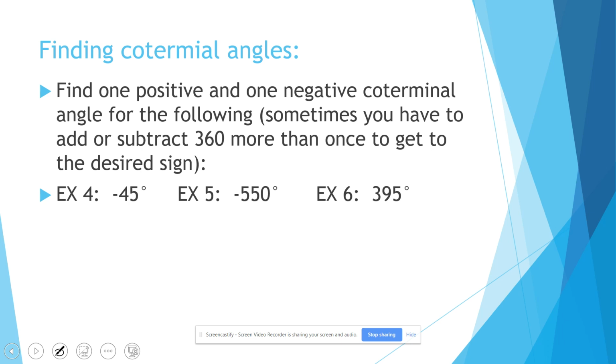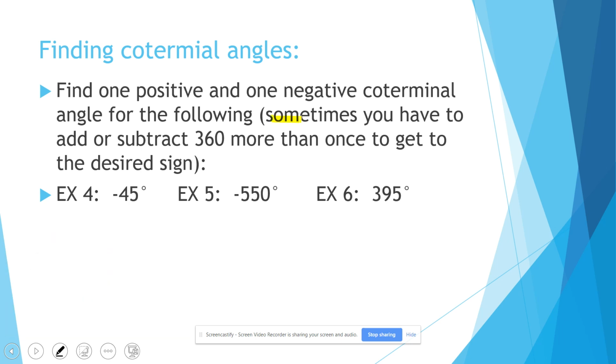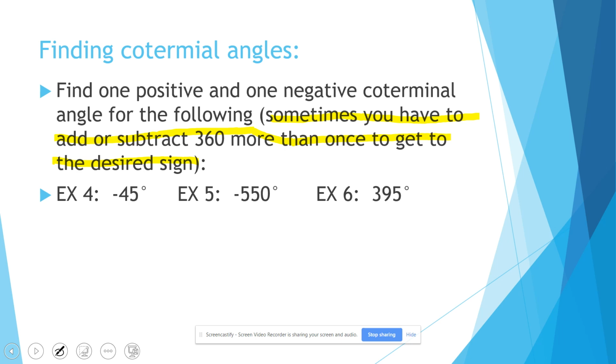We're going to go ahead and practice, and just keep in mind that sometimes you have to add or subtract 360 more than once to get to the desired sign, meaning a positive or a negative value. So for negative 45 degrees, I'm going to start with adding 360 degrees. Negative 45 plus 360 is 315 degrees.